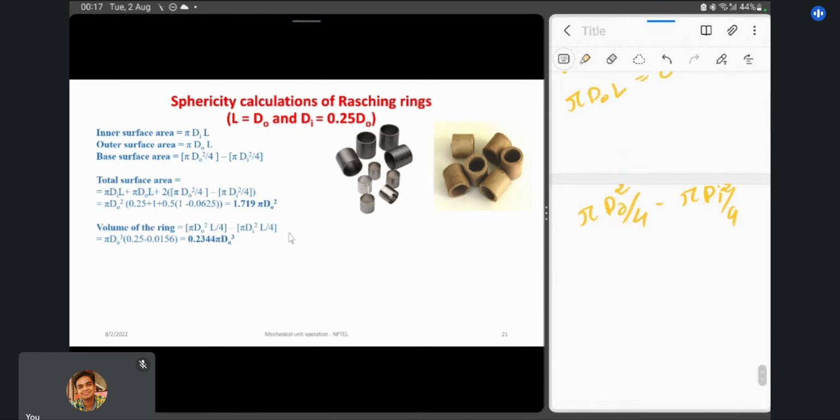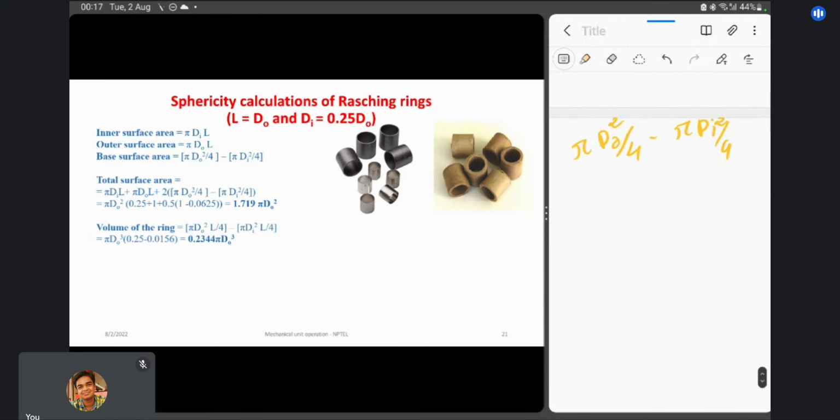The cylinder volume is pi d square by 4 times L. Now here you need to consider the difference of do square and di square. So at the end you will get the value 0.23445.